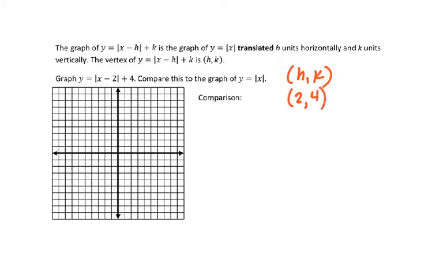This vertex is going to be right 2, up 4. And then the graph of absolute value, if I have not multiplied it by anything, it is up 1, right 1. And then it's also going to be left 1, up 1.